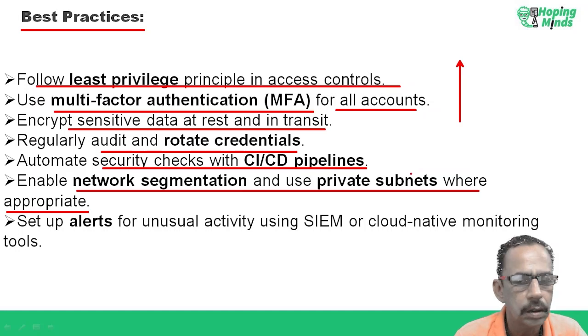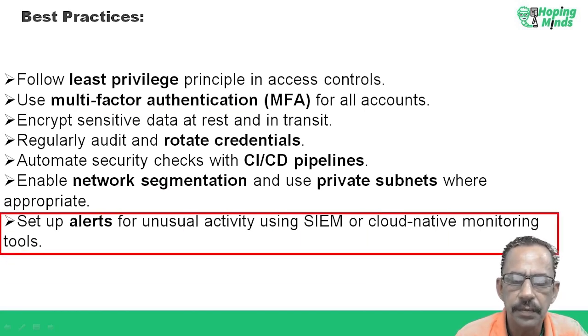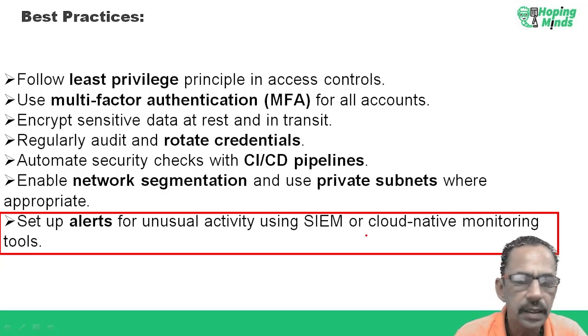Only outbound requests are generated here. Inbound is not possible. Then set up alerts for unusual activity using cloud native monitoring. Like I've told you, in AWS, CloudWatch, CloudTrail, and many other tools.